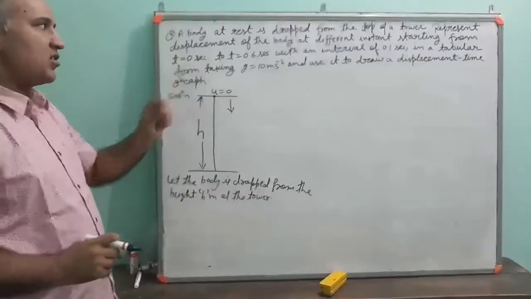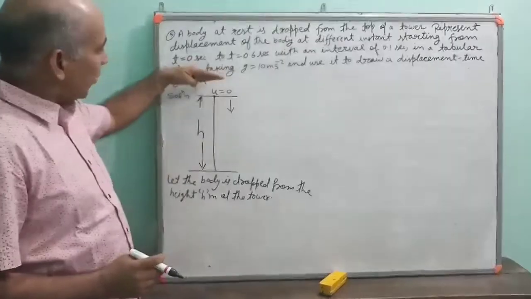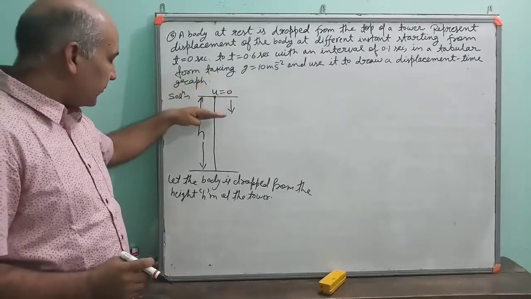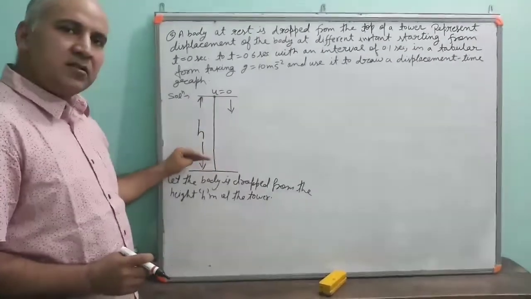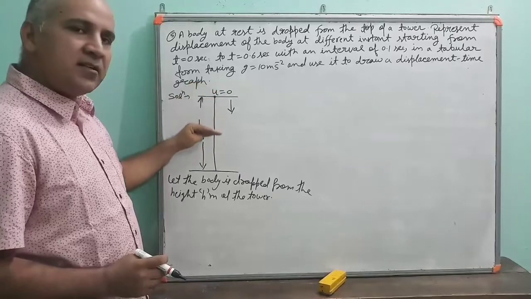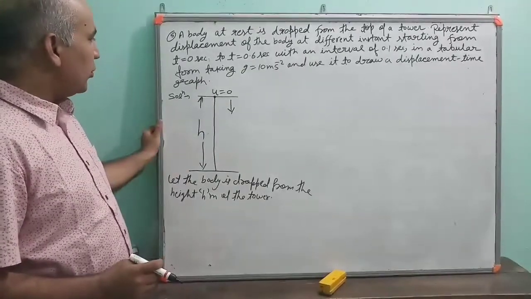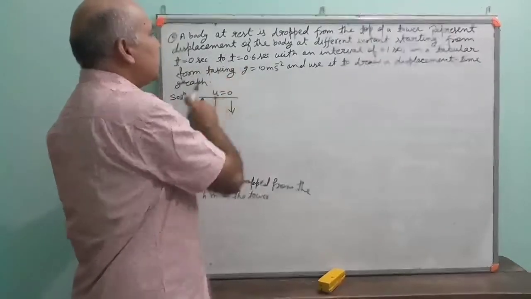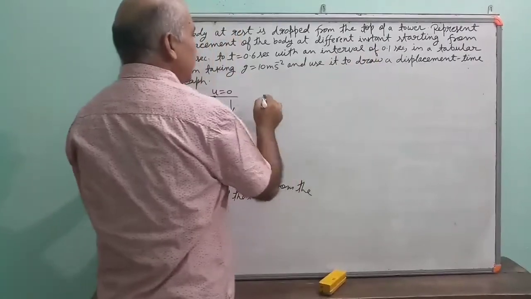We know that this gravity acceleration is constant. So if the body is falling freely, then its velocity will increase. Understood? So to find the displacement, we have to take the interval of 0.1 second.